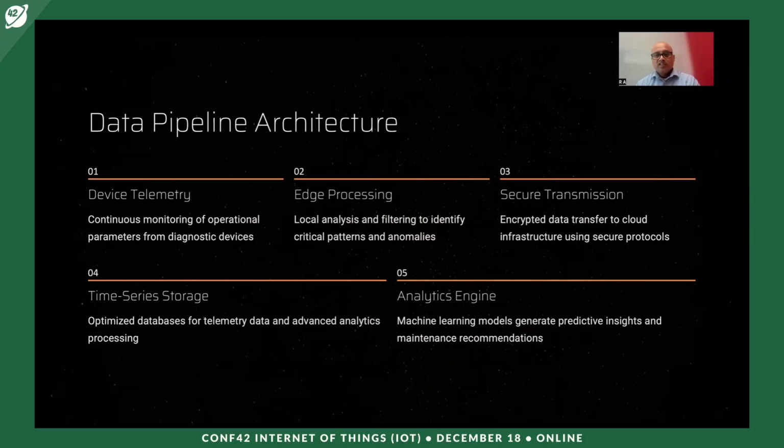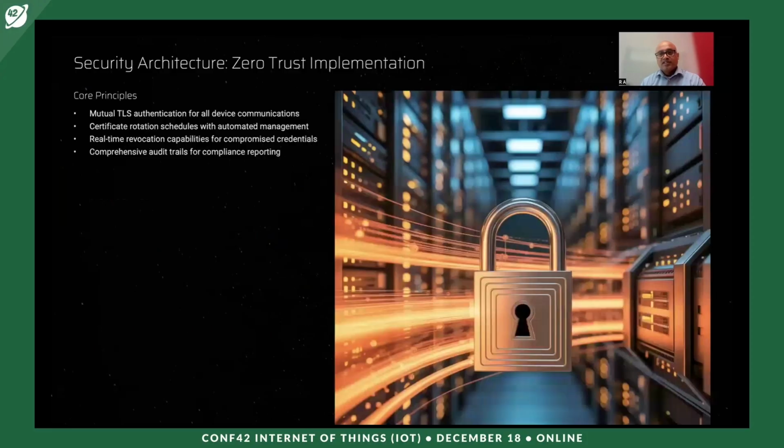We securely transfer the data from medical devices to the cloud computing infrastructure using the HTTPS and MQTT protocols, and store it in a time series database optimized for telemetry data, with advanced analysis for further processing. And finally, the analytics engine, where we develop machine learning models to generate predictive insights and maintenance recommendations.